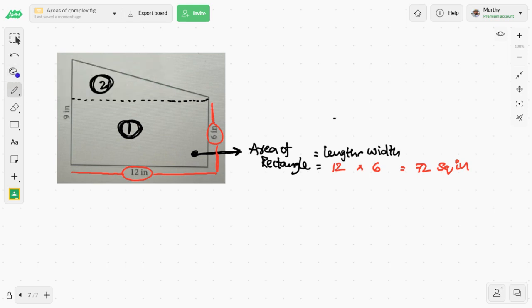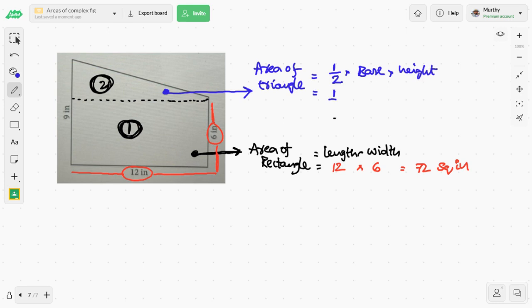Next, coming to the upper portion, which is the shape of a triangle. Always, please write the complete formula. Area of triangle. When you write the formula, you will never make a mistake. Half times base times height.